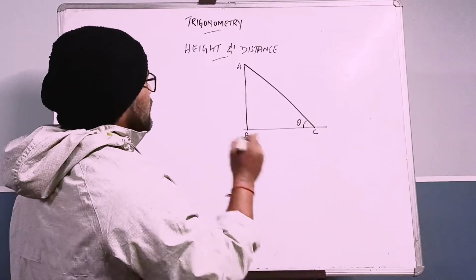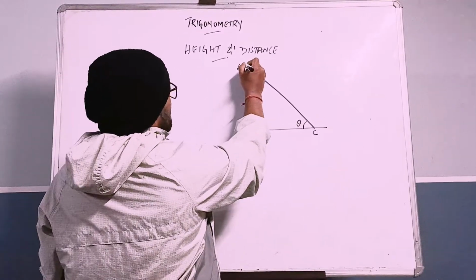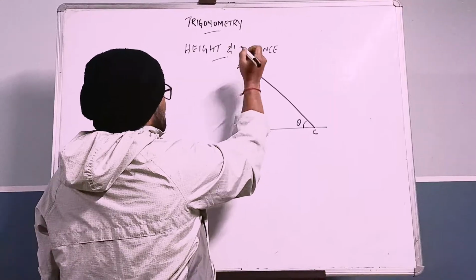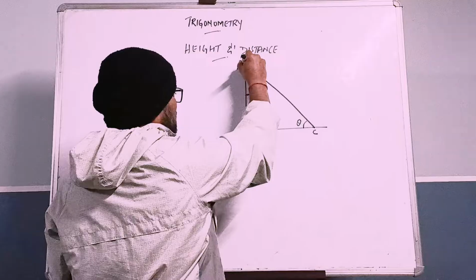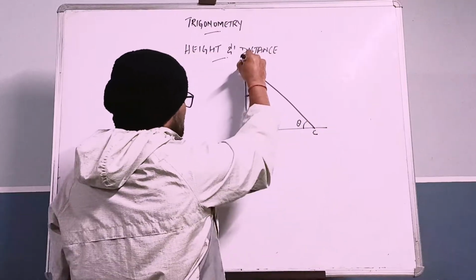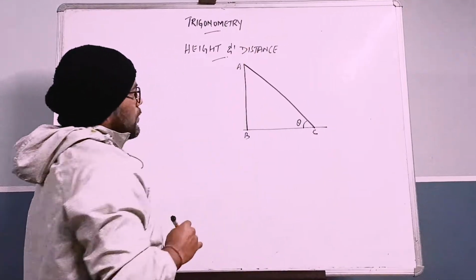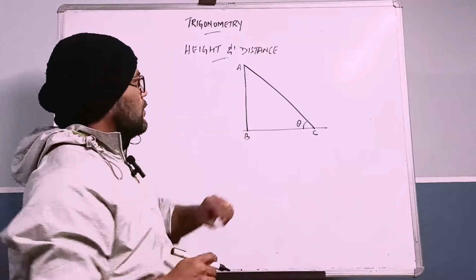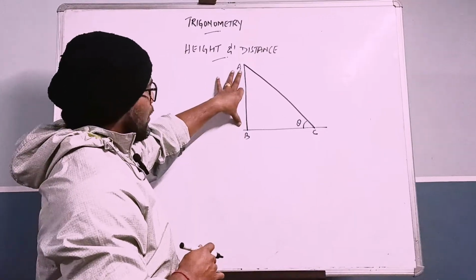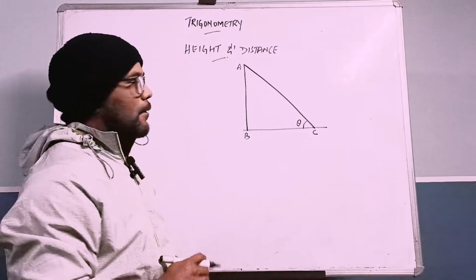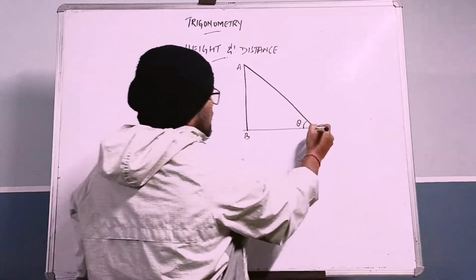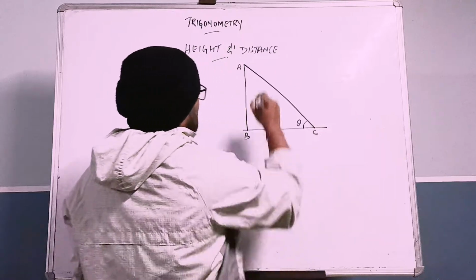In the next case, a man is at the point A and he observes the point C from the top. For example, this is a building, and a man is standing on the roof of the building, and he is seeing a car running on the road.